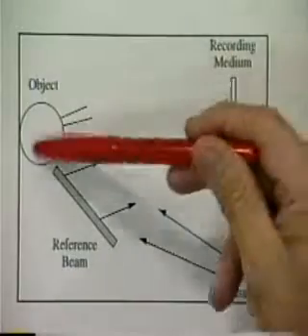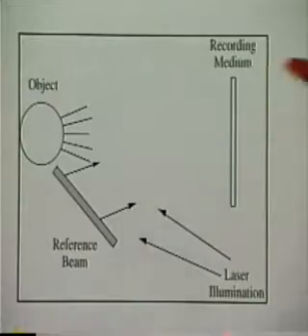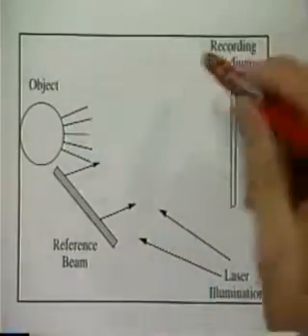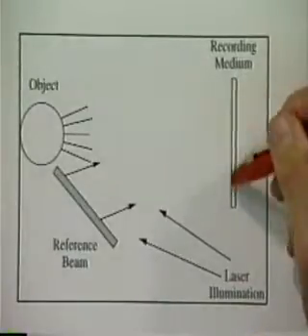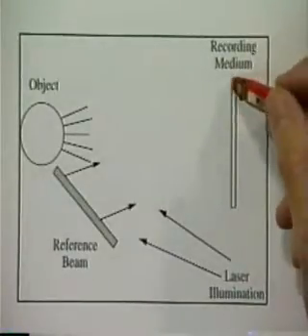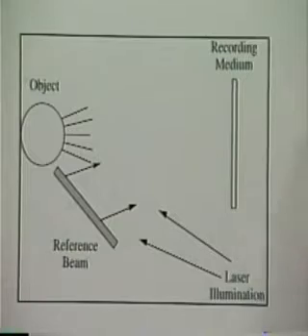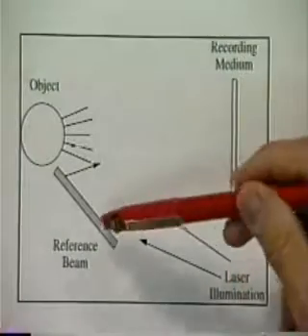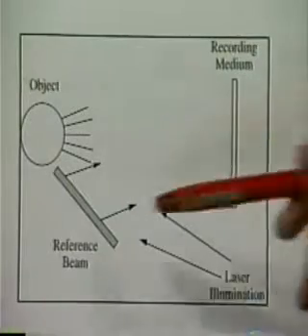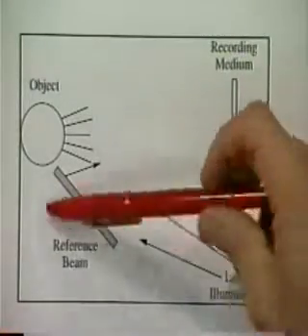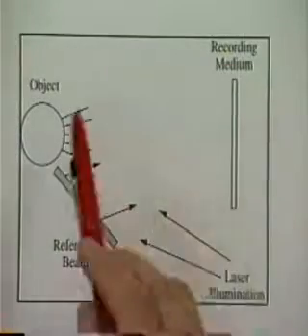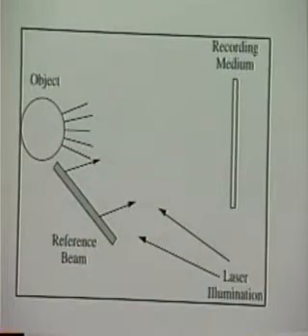So we're illuminating an object, and it's a diffuse object, so it scatters light all over, and some of that light comes over here to our film or whatever we're using for a recording medium. And part of this light, laser light, reflects off our reference mirror and becomes our reference beam for the interferometer, or for the hologram. So we're interfering the light from the object with this reference beam.